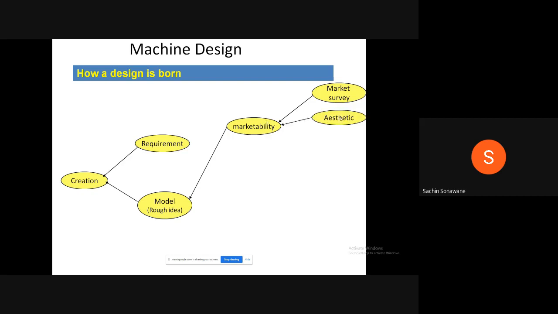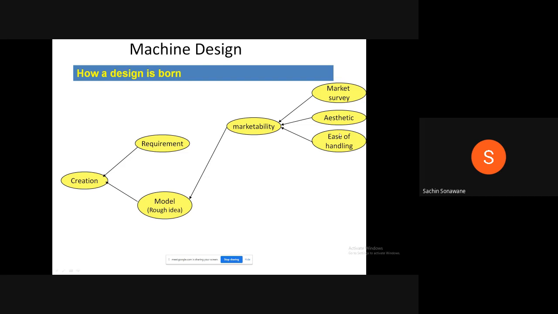Similarly, we have to see aesthetics, that is how that product will look so that customers will be attracted towards the product. Then ease of handling. We are knowing that a mobile phone or any product should be user friendly.